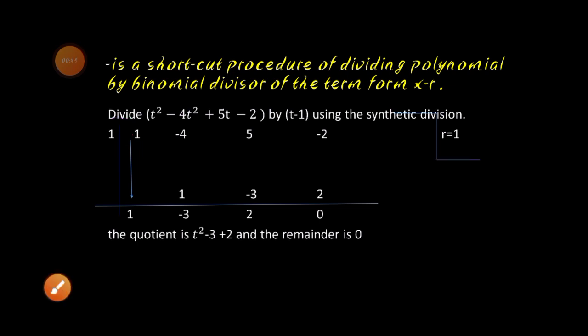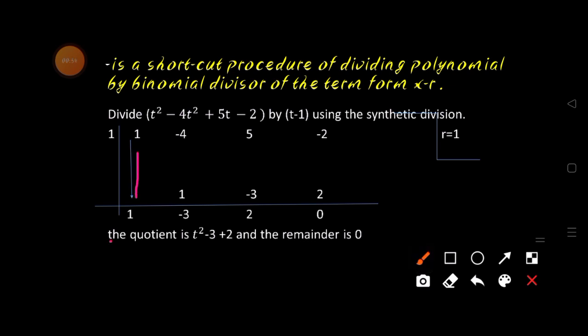Second, bring down the positive 1, multiply it by positive 1, and the answer is positive 1. Negative 4 plus positive 1 is negative 3, multiplied by positive 1. The answer is negative 3.